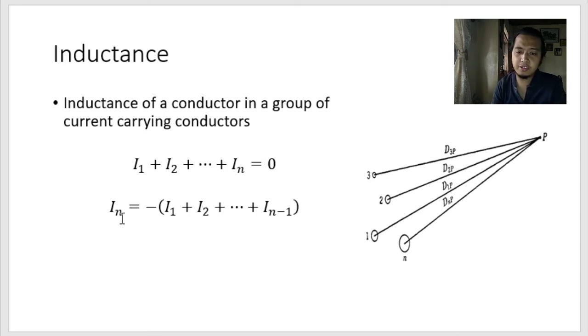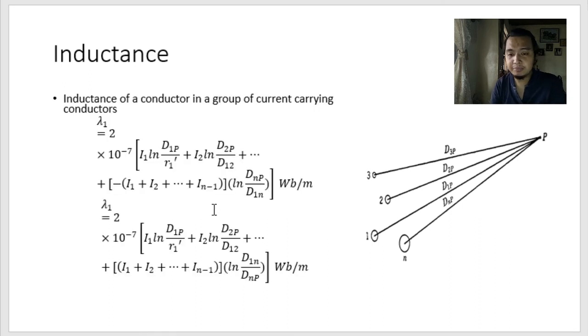So you can represent IN as this equation, the negative of all of the currents going into the neutral point. So you have I1, I2, and this is IN, and so forth up to IN. Take note, the units are in Weber per meter, Weber per meter.